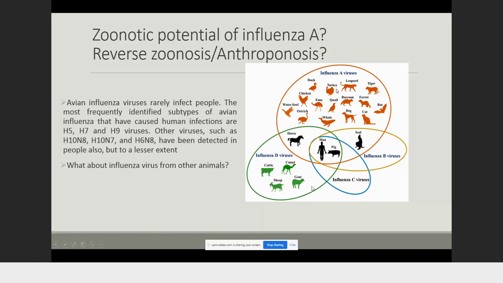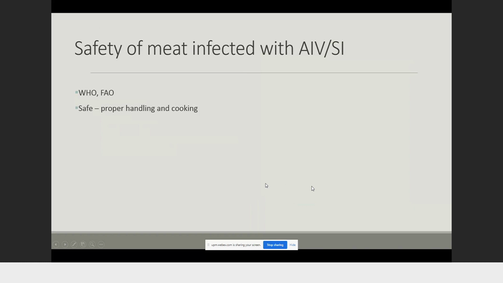Some of the viruses originated from animals, some of the viruses actually originated from human, meaning that we are the source of infection. And remember, this influenza virus has a segmented genome. Because of that, when these viruses co-infect each other in different host ranges, that's why new subtypes emerge.